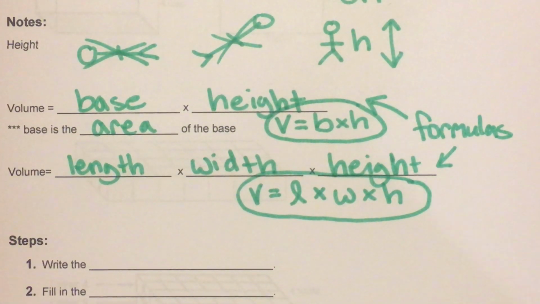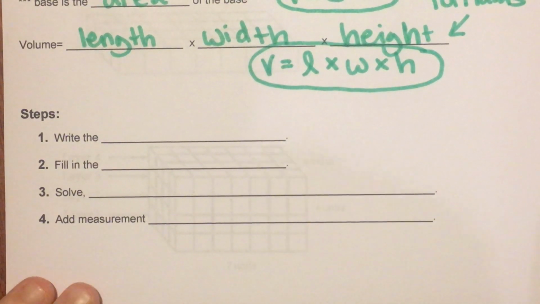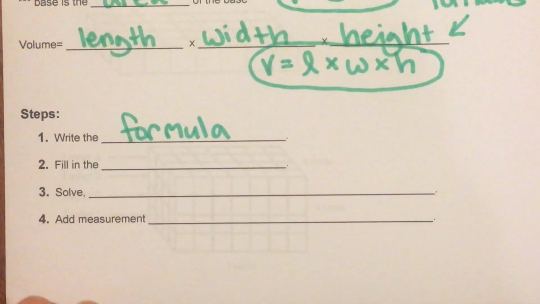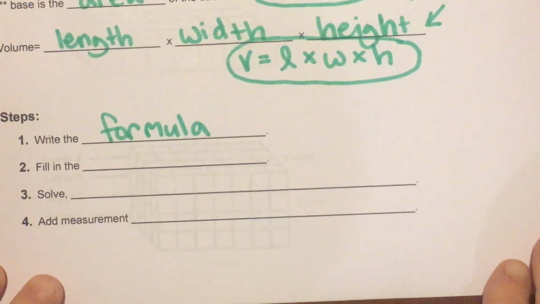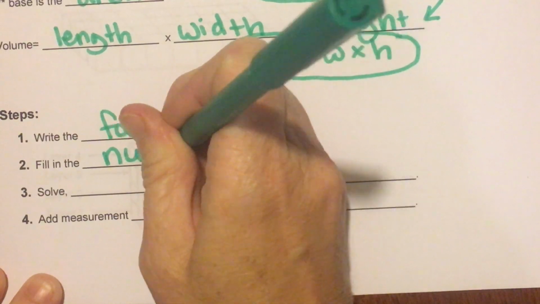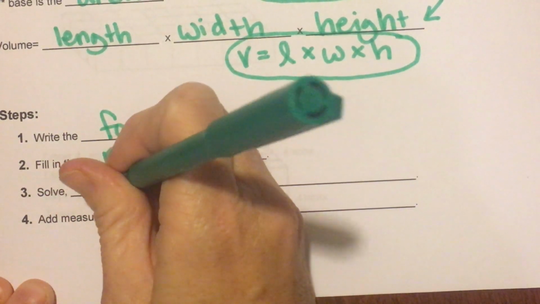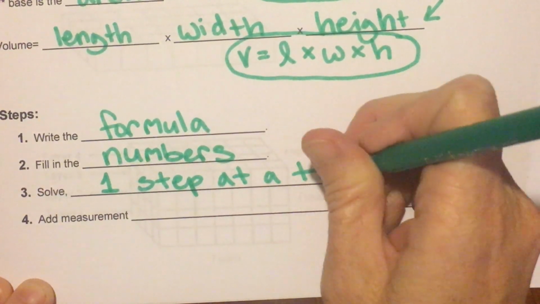Okay, our steps are only 4 and they're pretty short. Our first step is we're going to write the formula, and when I say formula, it's these two that we already talked about. Then I'm going to fill in the numbers. My third step is I'm going to solve, one step at a time.